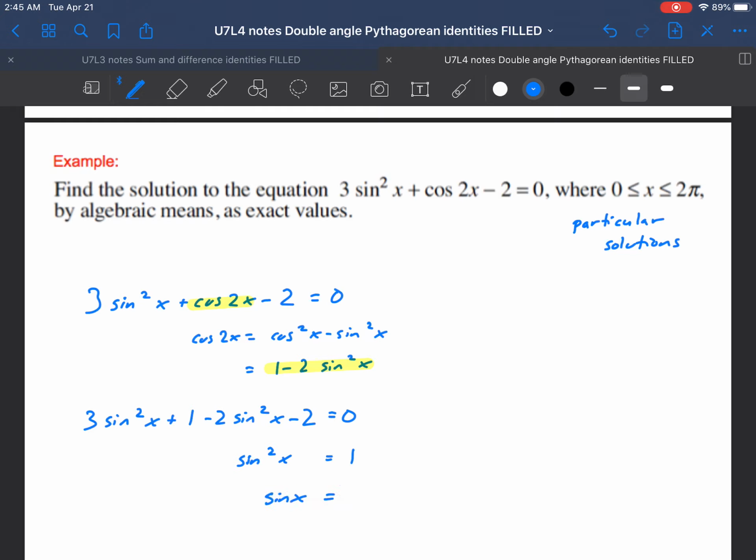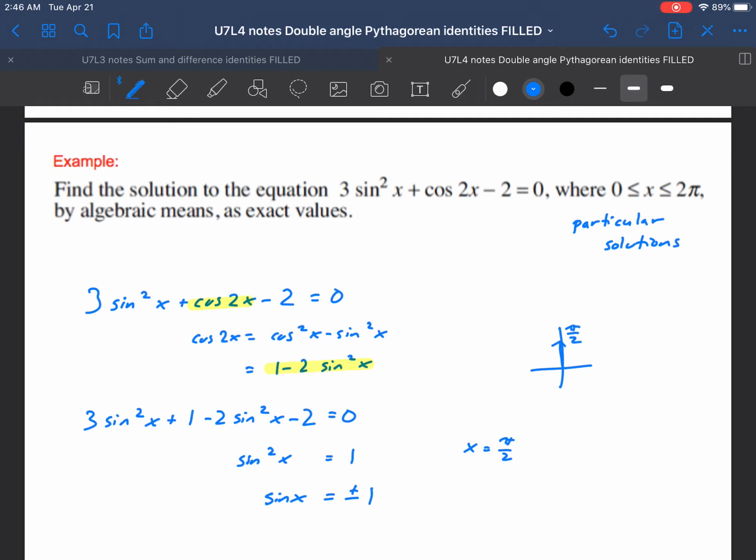Okay, that means that sine x can be plus or minus 1. And if I think about where that can happen on the interval 0 to 2 pi, well, that's just two places. One is pi over 2. That's straight up, right?